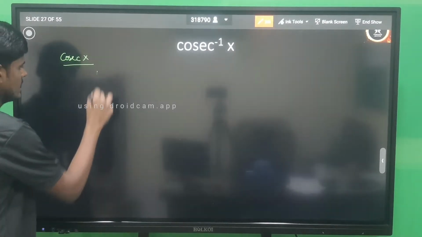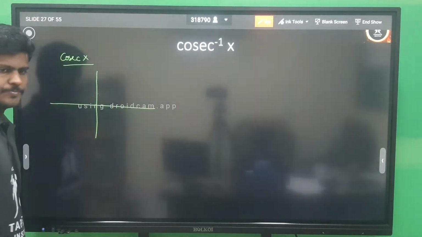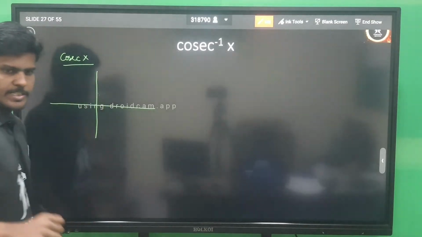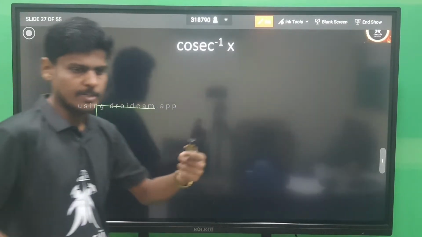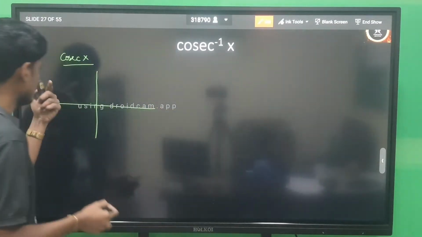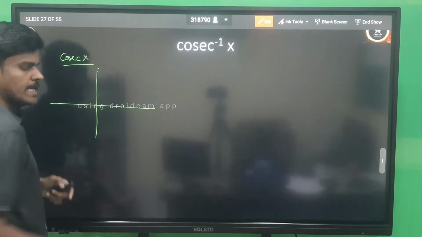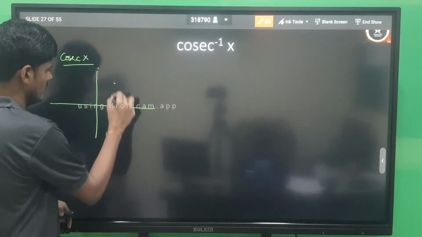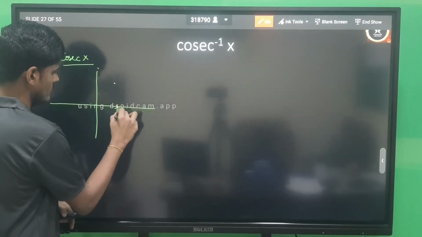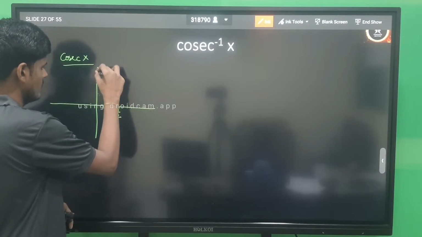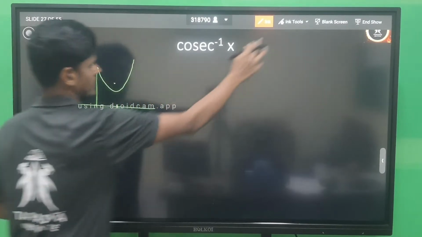Graph of cosecant x is given by this. Sin 0 is 0. Cosecant is reciprocal of sine. So cosecant 0 will be infinity. Sin 90 is 1, so cosecant 90 will be 1.